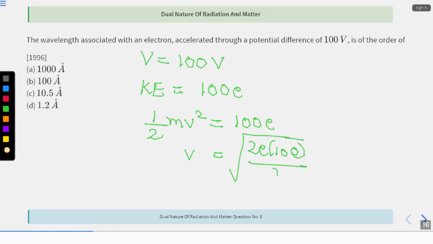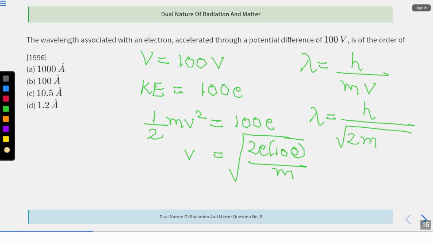Yes, and we know by the de Broglie concept that lambda is equal to h, that is our Planck's constant, divided by mv. So I can substitute my v value here. On substituting, I'll get h by root of 2m e into 100. Why is there m?